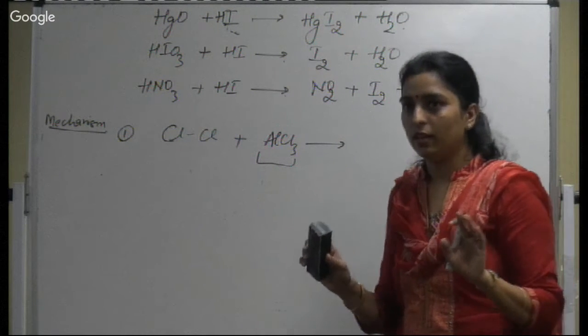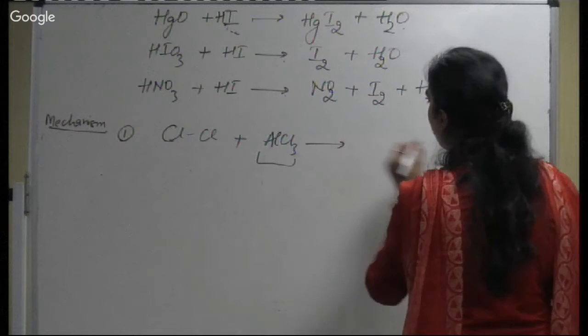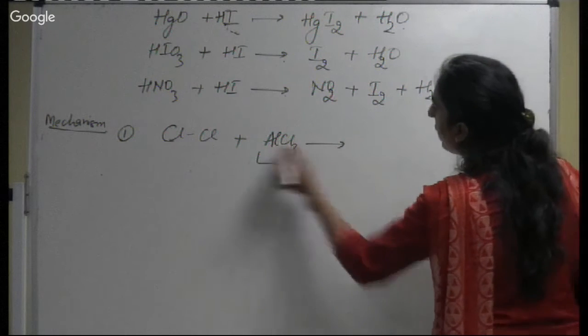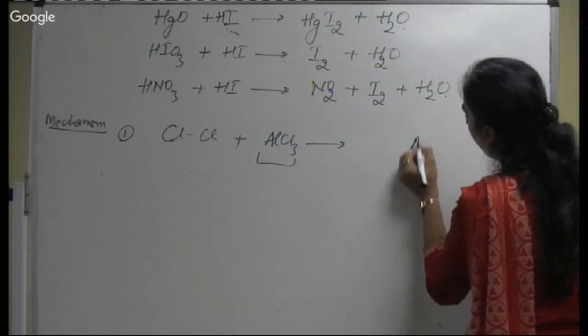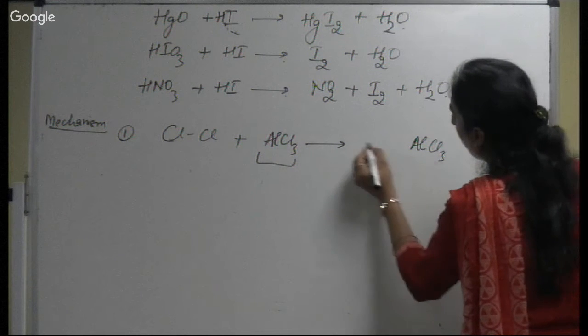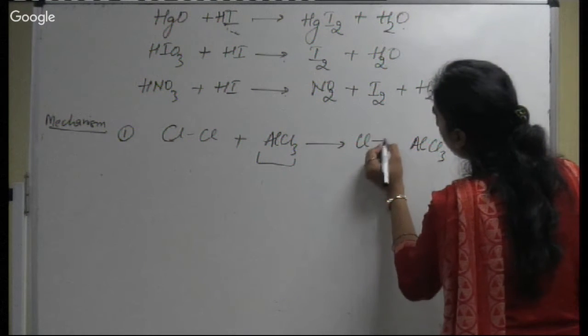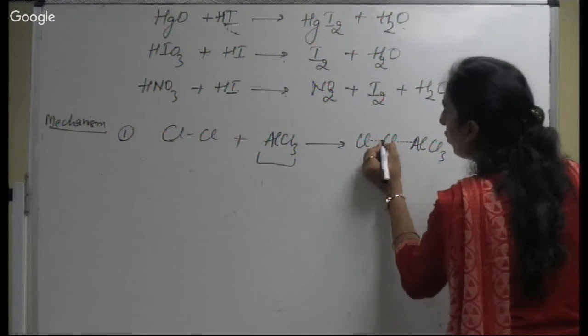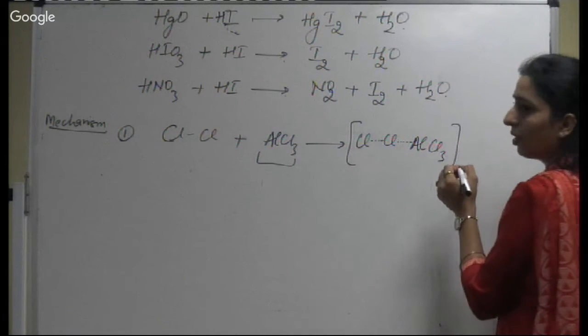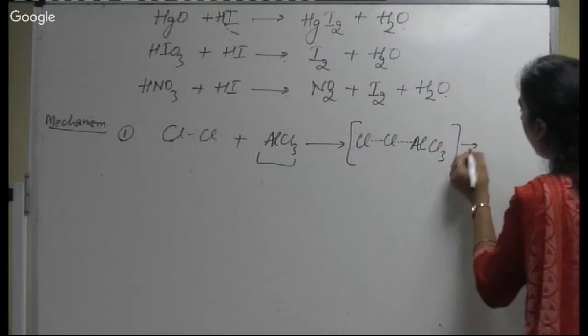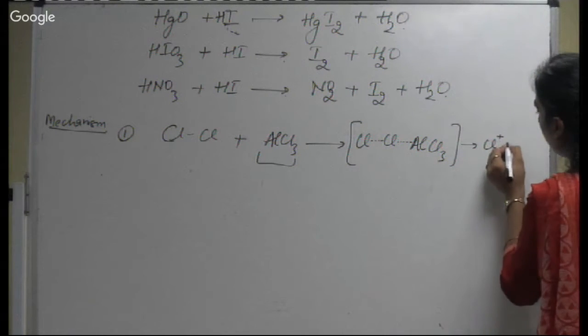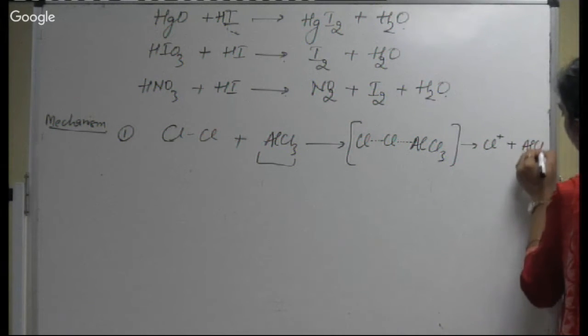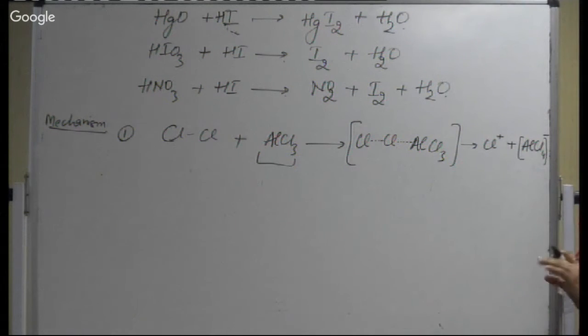Am I clear? So in the presence of aluminum chloride, aluminum will tend to withdraw the electron density from the chlorine and in turn try to break the bond. Ultimately you will end up with a chloronium ion along with AlCl4 minus. Am I clear?